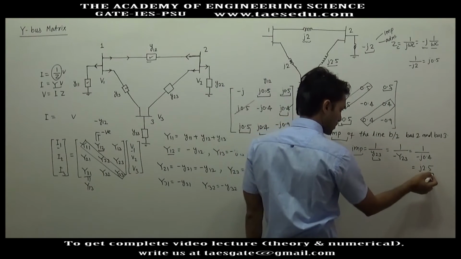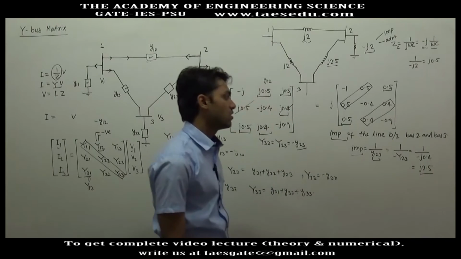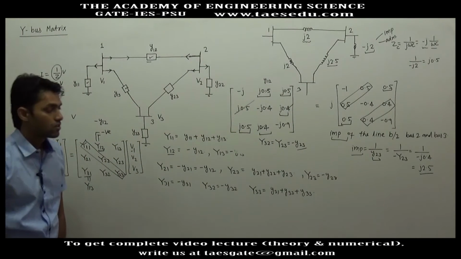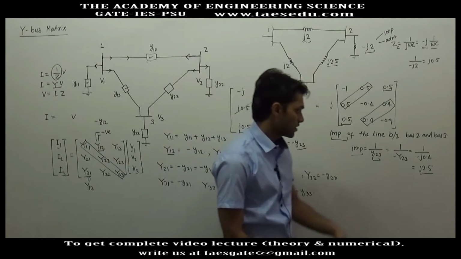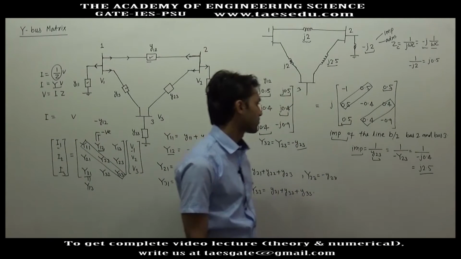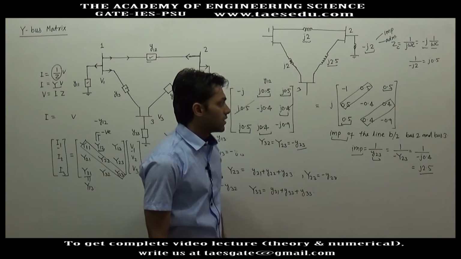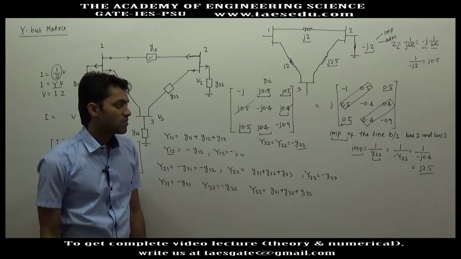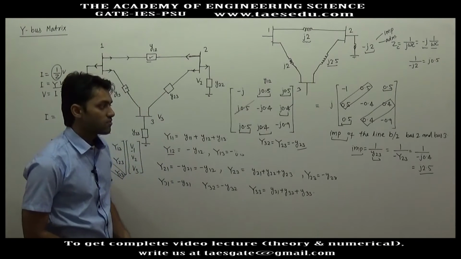So the line connecting bus 2 and bus 3 will have a reactance of 2.5 ohm.